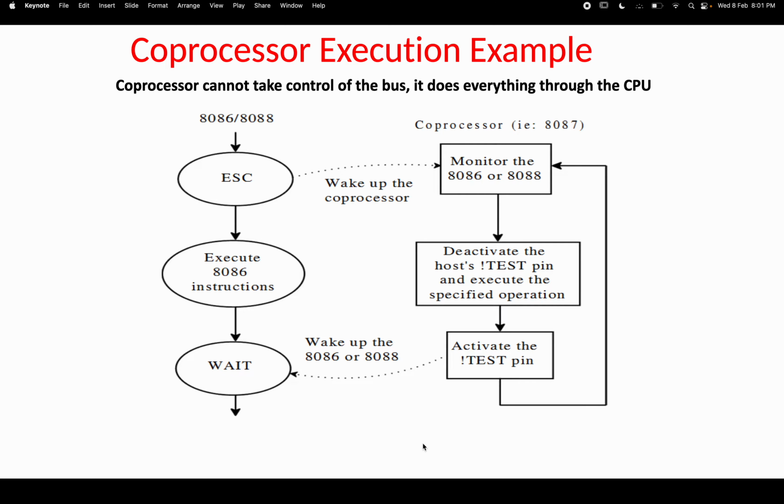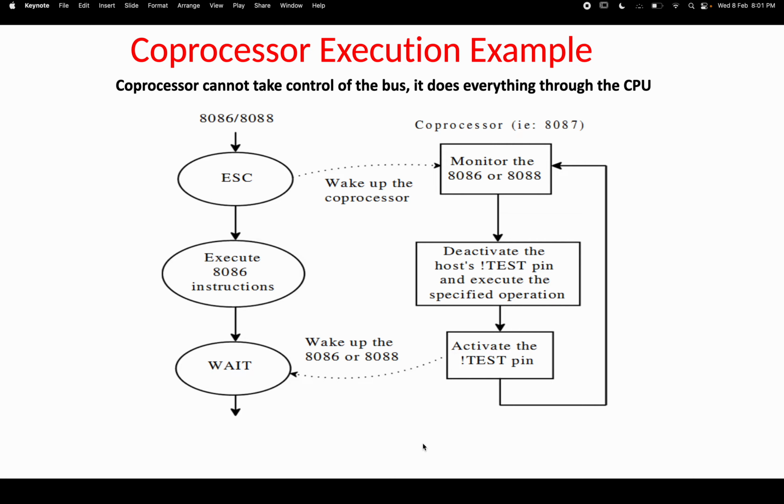This is how the execution takes place in a coprocessor, explained in a simple diagram. The coprocessor cannot take control of the bus; it does everything through the CPU. When we are using the coprocessor configuration, the assembly language program is written in the superset instruction of 8086 assembly language.